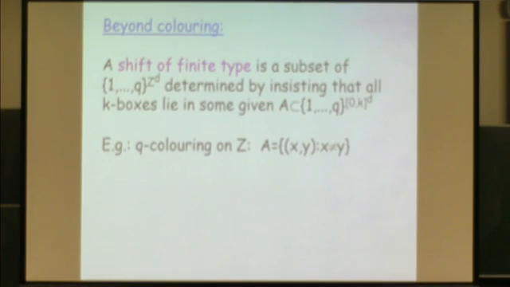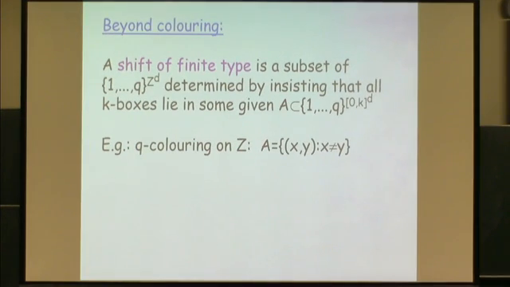Just make some list of 10 by 10 boxes, and I say every 10 by 10 box has to be one of those allowed set. Okay, so that's the definition. So of course colouring is an example of that. Maybe I didn't write it right, but yeah, it is an example of that. It just says whenever you have two adjacent vertices, they have to have different colours.